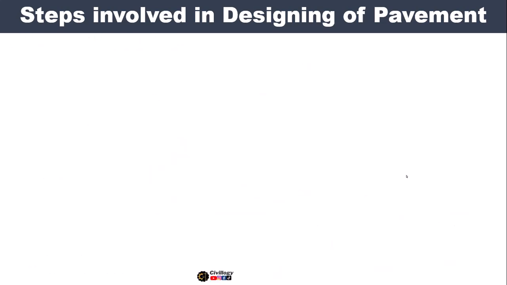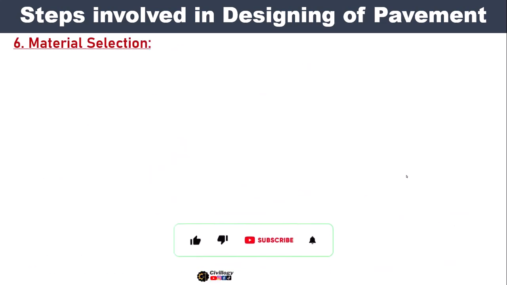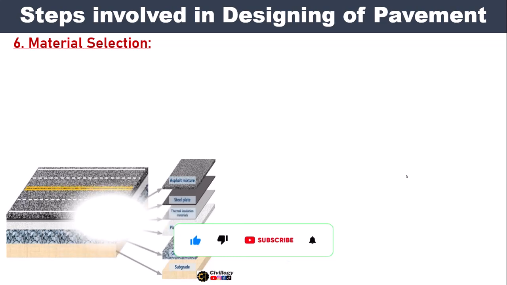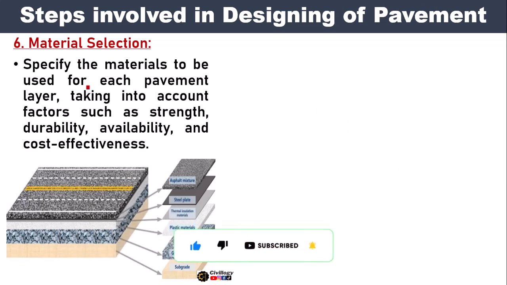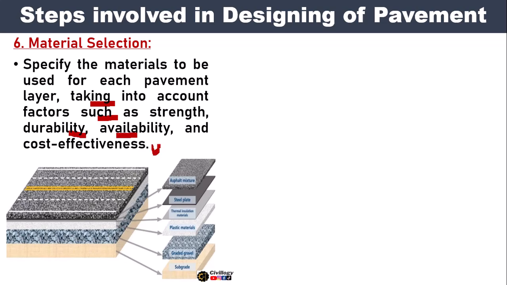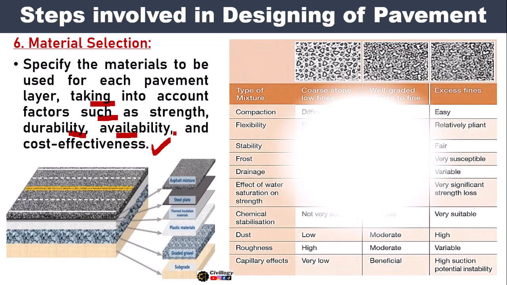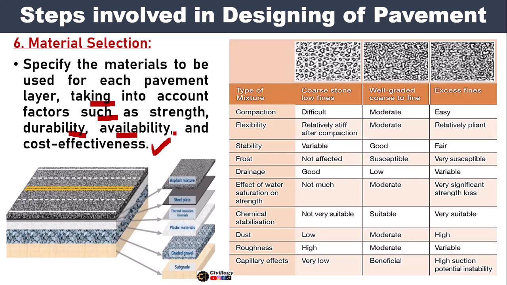The sixth step which is involved in designing of pavement is material selection. Specify the materials to be used for each pavement layer, taking into account factors such as strength, durability, availability and cost effectiveness. Here is a table which shows the type of mixtures or the type of materials and their properties.